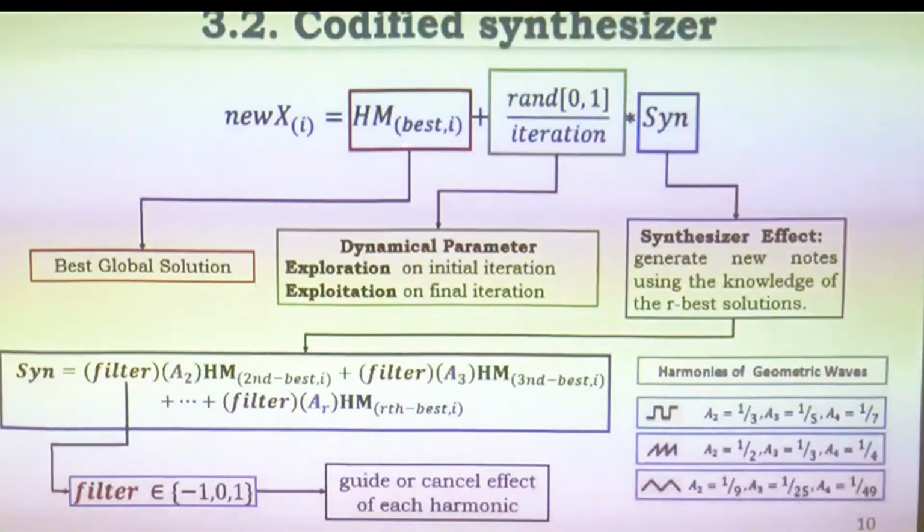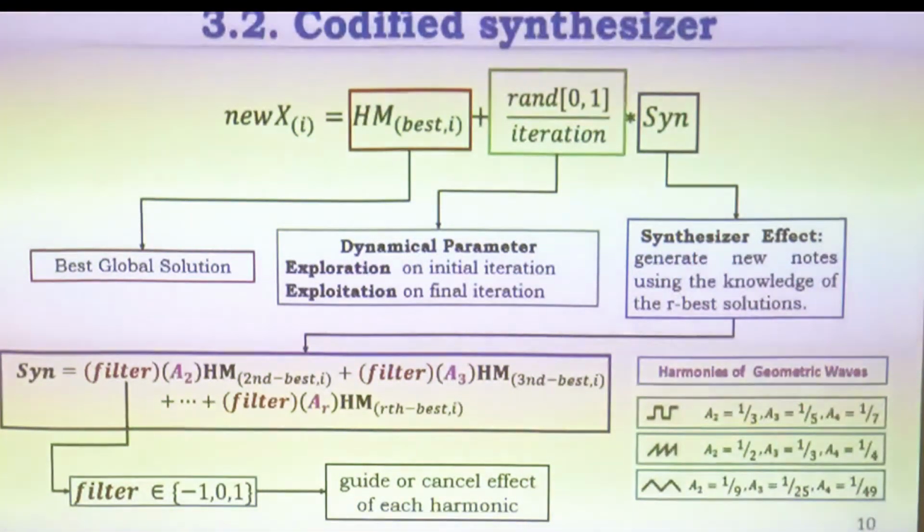We start with the best global solution and modify it using the knowledge given by the other best solutions: the second best solution, the third best solution, the fourth best solution. We also added a dynamic parameter to develop exploration on the initial iterations and exploitation on the final iterations.